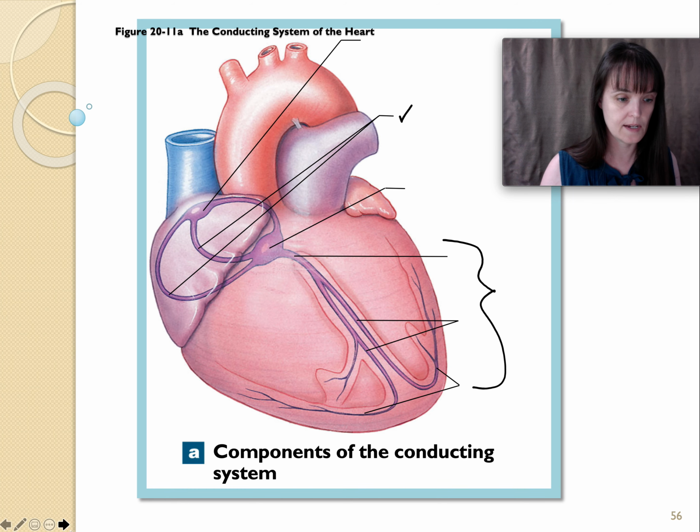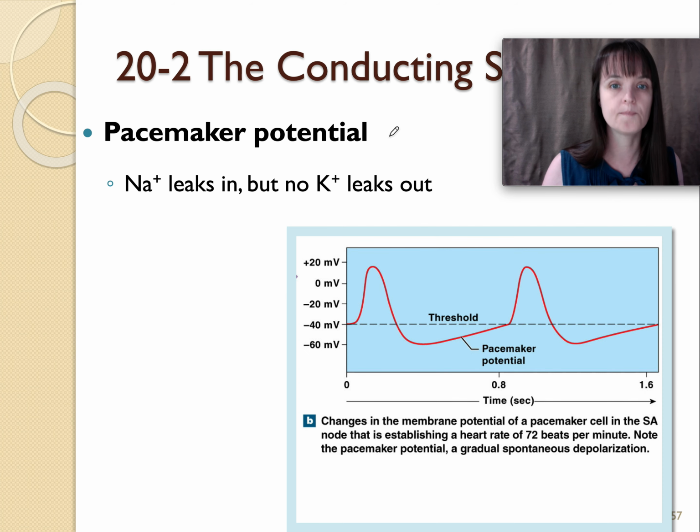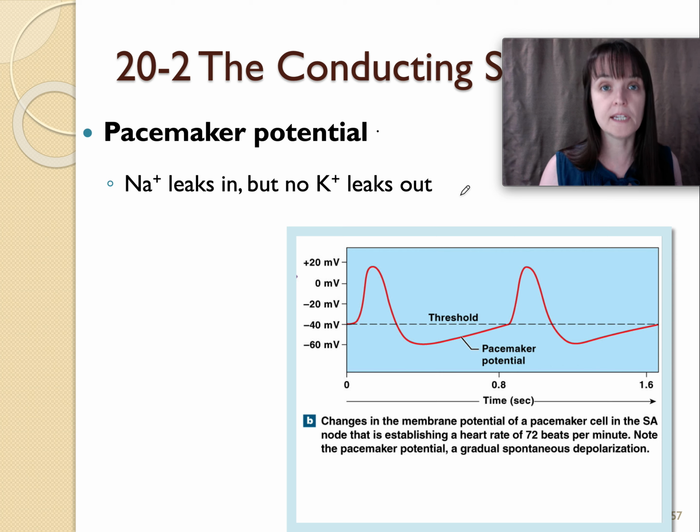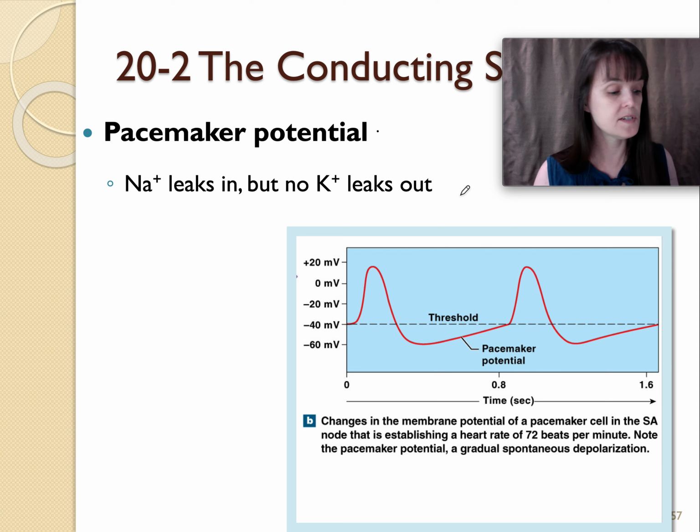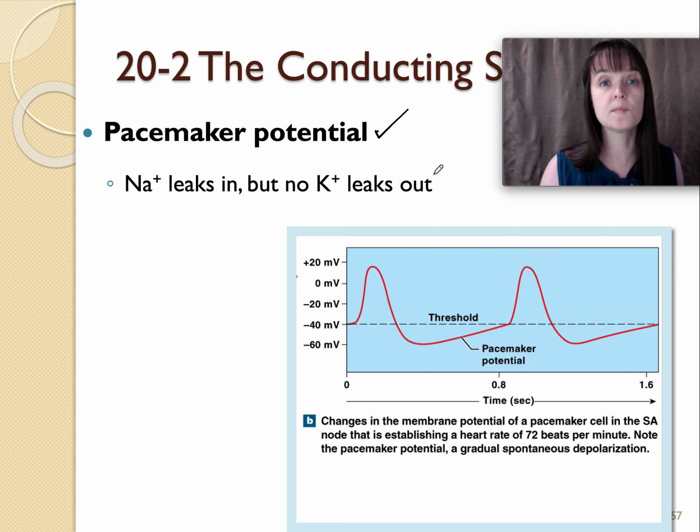Next slide, if I can find the arrow. Okay. The pacemaker potential. How does the heart beat itself? The conducting cells of the SA and AV nodes constantly depolarize. What is this called and how does it happen? It is called the pacemaker potential.